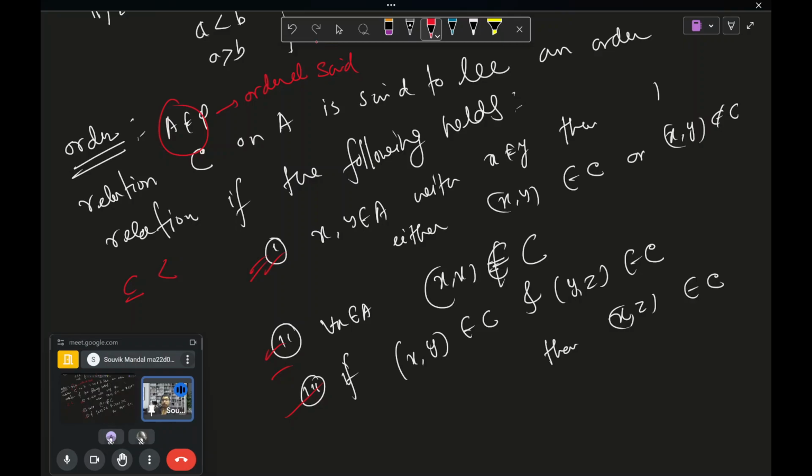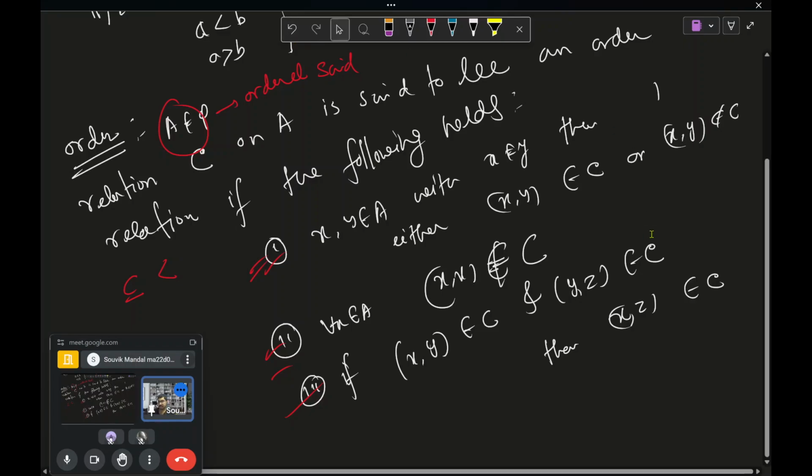Now, order topology is defined on an ordered set. So the definition of order topology goes as follows.